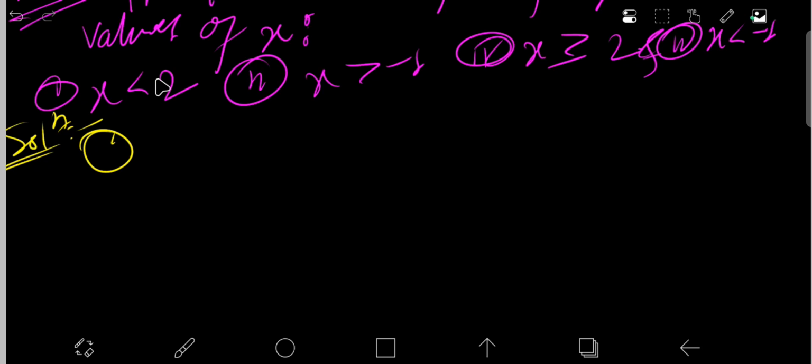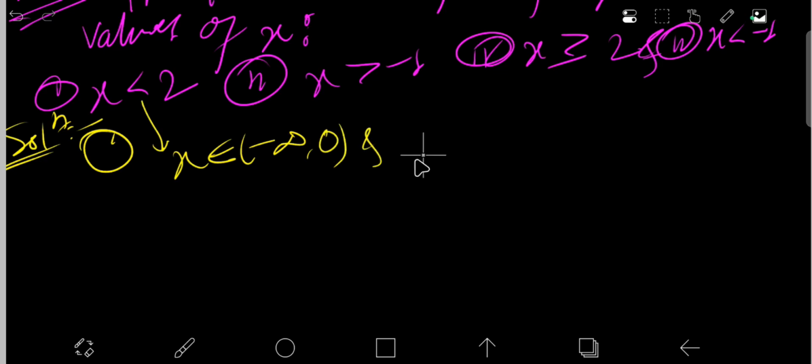We write up to 0 plus values in a different interval. x less than 2 means x belongs to minus infinity to a non-positive number, written in a different interval, and also we write in union form.